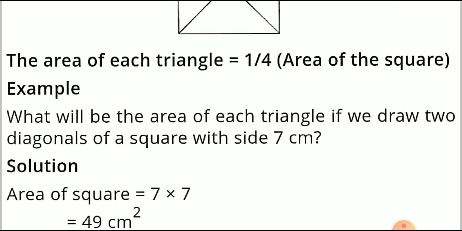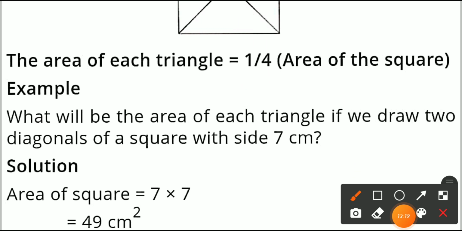Example: what will be the area of each triangle if we draw two diagonals of a square with side 7 cm? In this question it is given that we draw two diagonals, as in the above picture. Here we have one square, and this is diagonal 1 and this is diagonal 2.